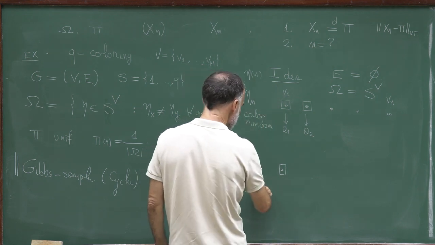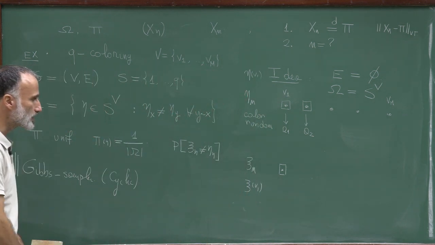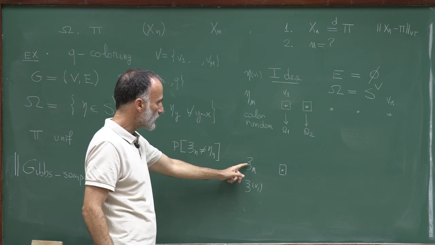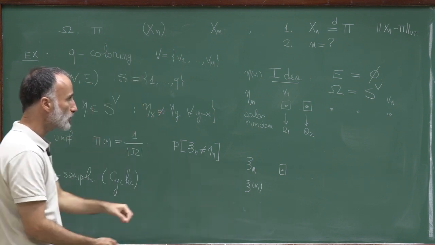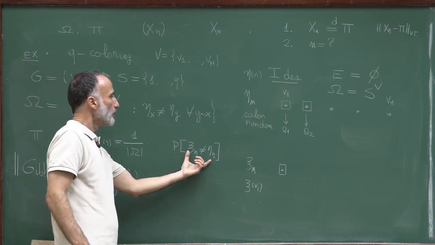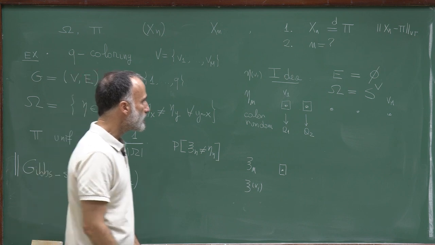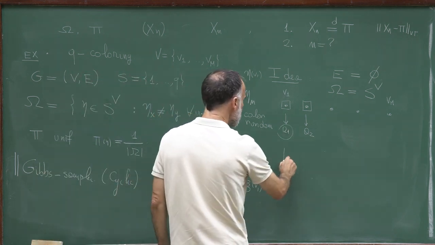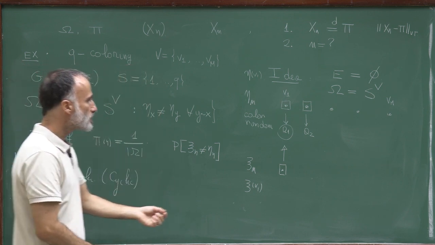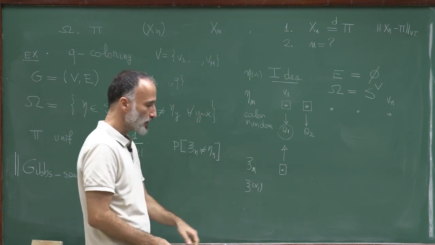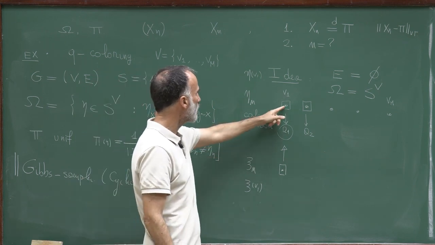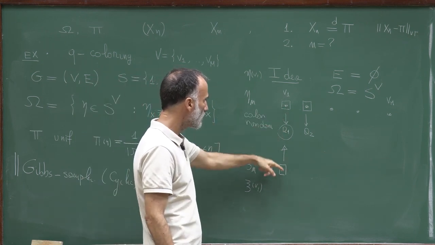The color of the first vertex for xi is xi(v1), because eta n is starting from the configuration eta and xi n is starting from the configuration xi. So these colors may be different. But what I can do, if I want to minimize this probability, is to use the same color to update both processes. Since this color is chosen at random, I can choose one color at random and use that color for eta and for xi.